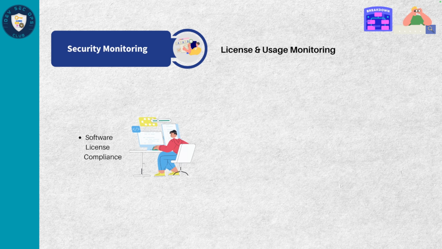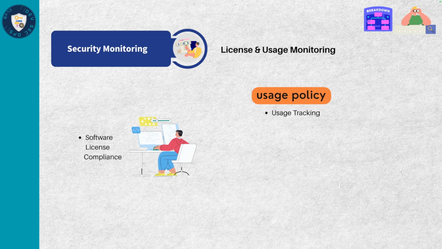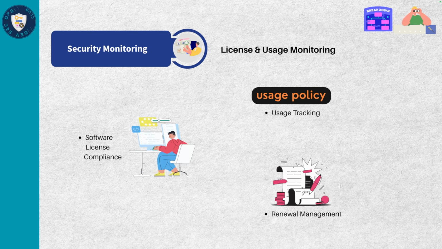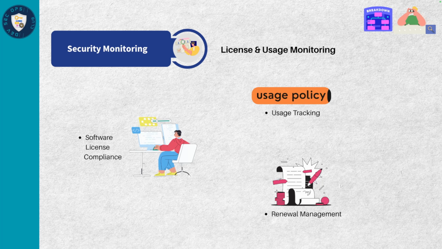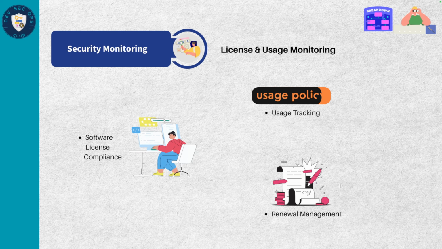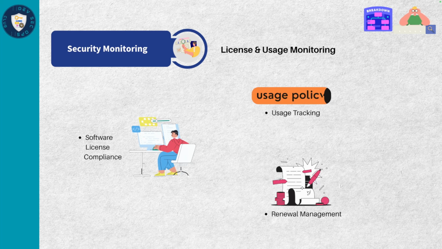That's why whenever we install any software, they ask us to accept license terms and conditions and usage policy. Next, we have usage tracking, monitoring how software tools are being utilized. Next, renewal management, keeping track of license expiration dates to avoid disruption. And why this is important: improper software licensing can result in financial penalties, legal action, or operational disruption.